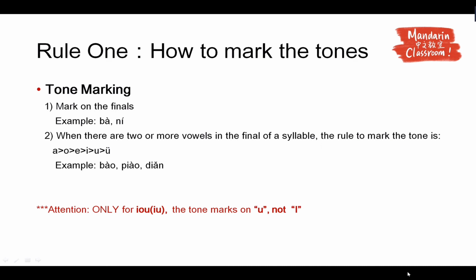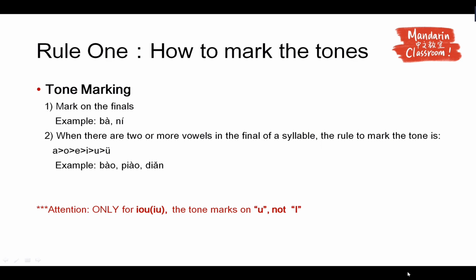Second, if there are 2 or more vowels in a final, there is a priority order of these vowels. A is prior to O, is prior to E, and so on. And we could see the examples. 报.